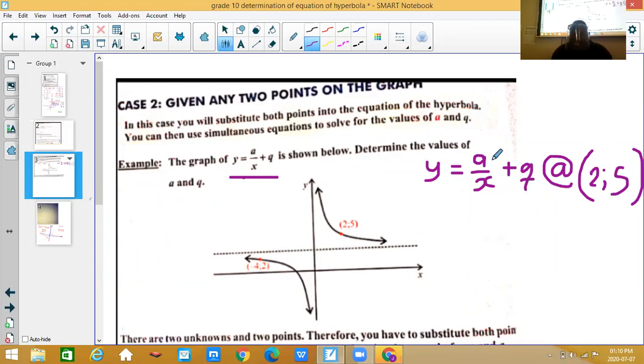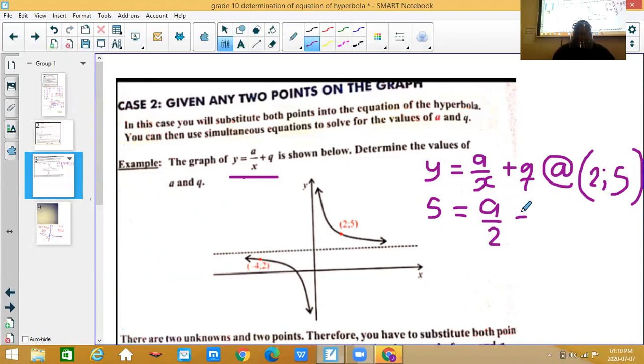Right, this is the general equation. And then we want to use this one here. What is the value of y? 5. So in the position of y, we put a 5 here. We've got a. What is our x? 2. So this is going to be a over 2.